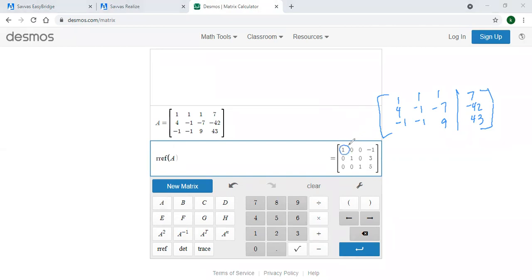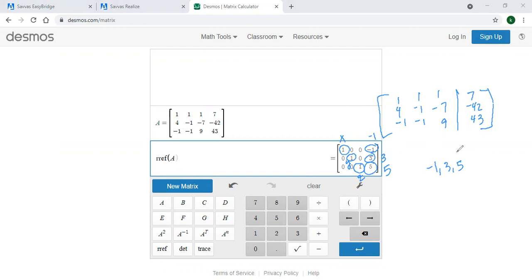So this represents the X, and it's a negative 1. This represents the Y, and we've got a 3. And this one is our Z, because that's the order we wrote them in over here, and that's a 5. So our answer, negative 1, 3, 5 for that problem.